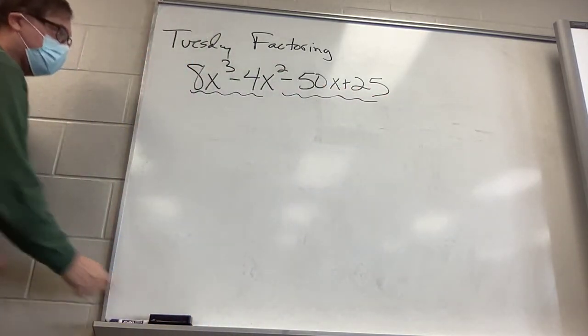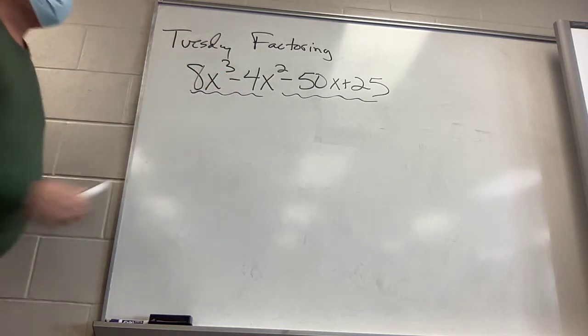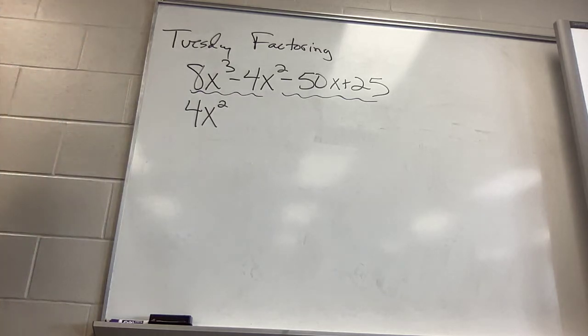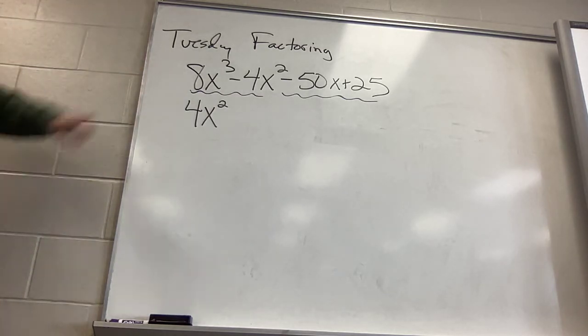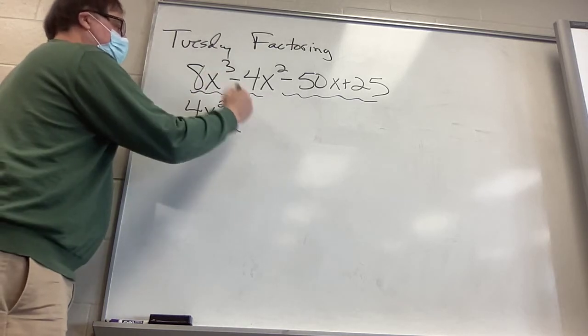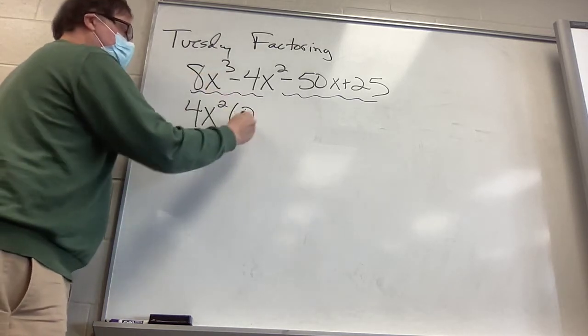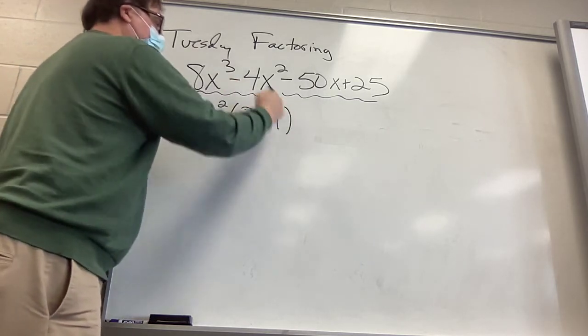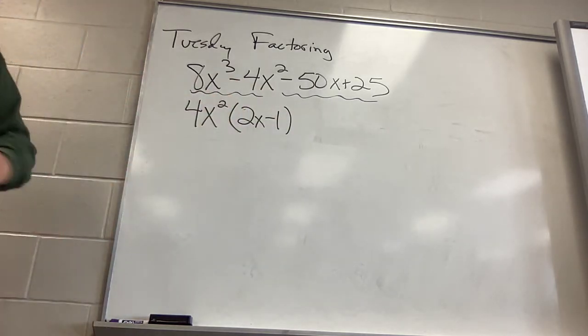And we say what is in common? There's a 4 goes into both, and x squared goes into both. All right, there are 2 x's that came outside. 8 divided by 4 is 2. 4 divided by 4 is -1. All the x's are outside.